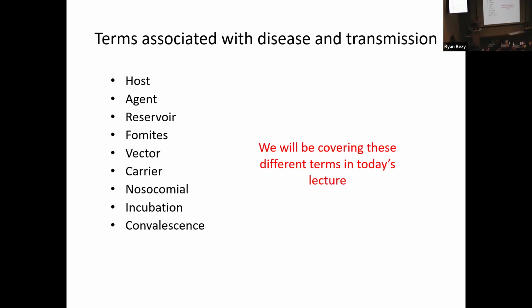Again, this is also terminology that I might expect you to know on, say, exam 4. Things like host, agent, reservoir, fomites, vector, carrier, nosocomial infections, incubation periods, convalescent periods, decline periods. We're going to go through these, not now, but throughout the next lecture.